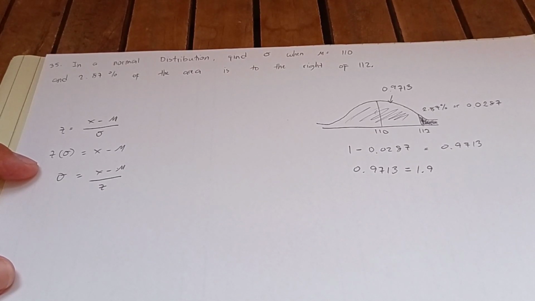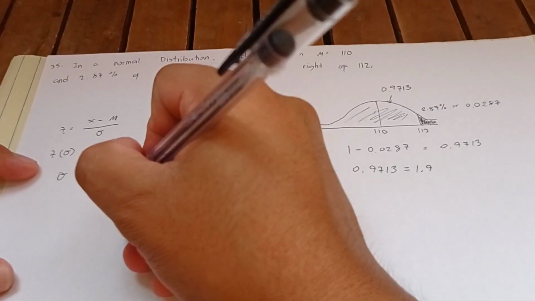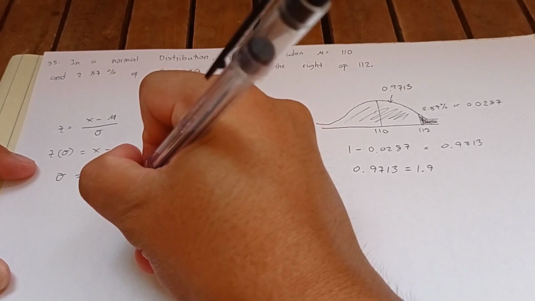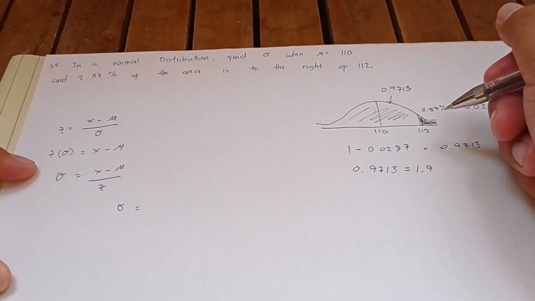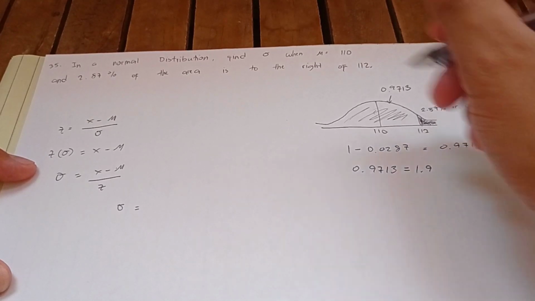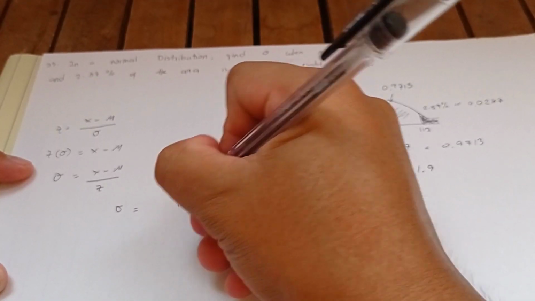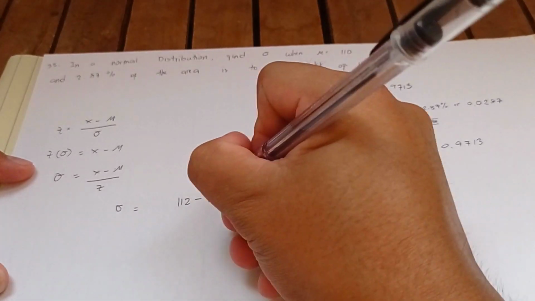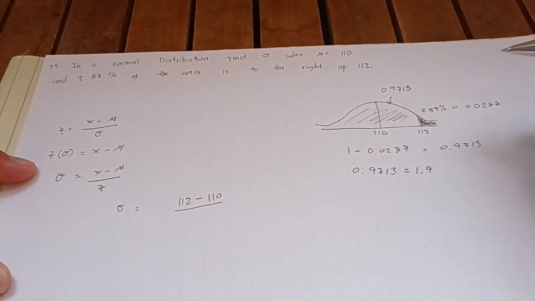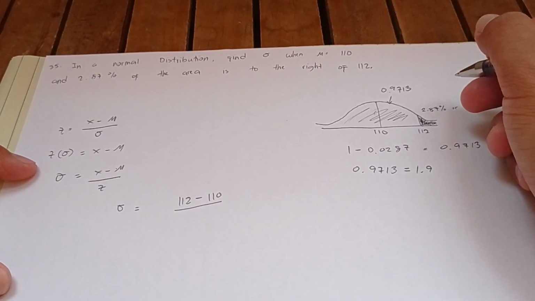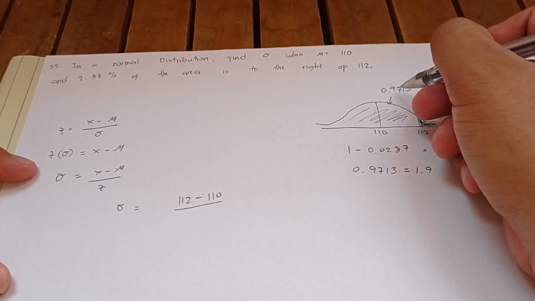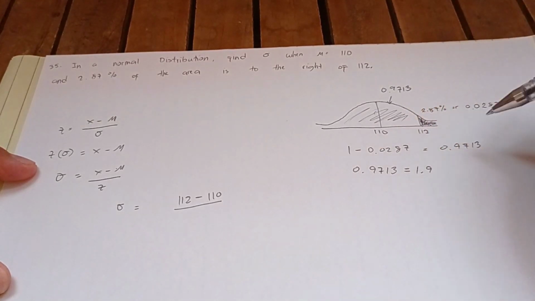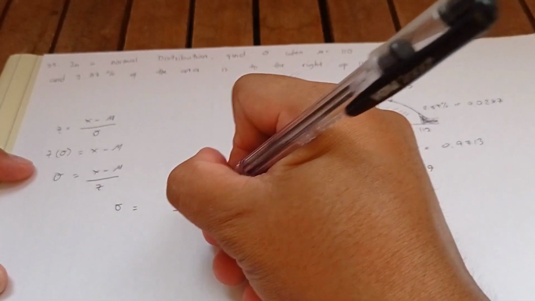Since we have all the variables we need for this equation, we can now get the standard deviation, which is equal to x, which is 112, minus the mean, which is 110, over the z value, which is 1.9.